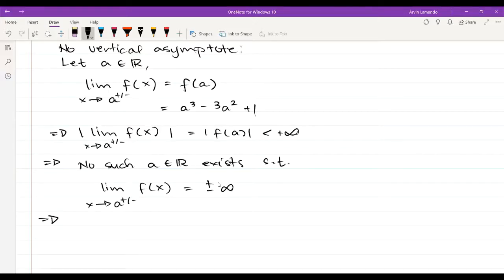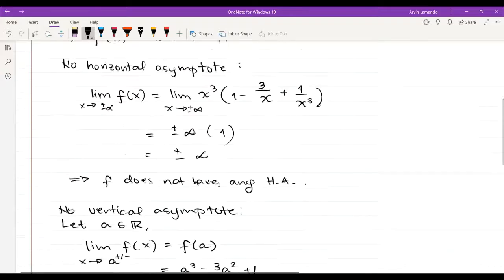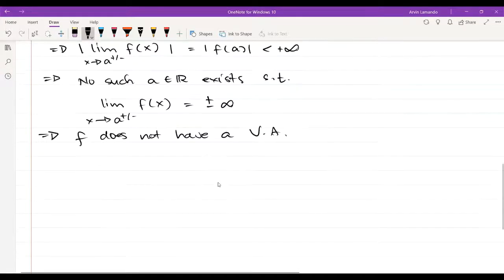Therefore, f does not have a vertical asymptote. Okay. Now, to show that no oblique asymptote exists.